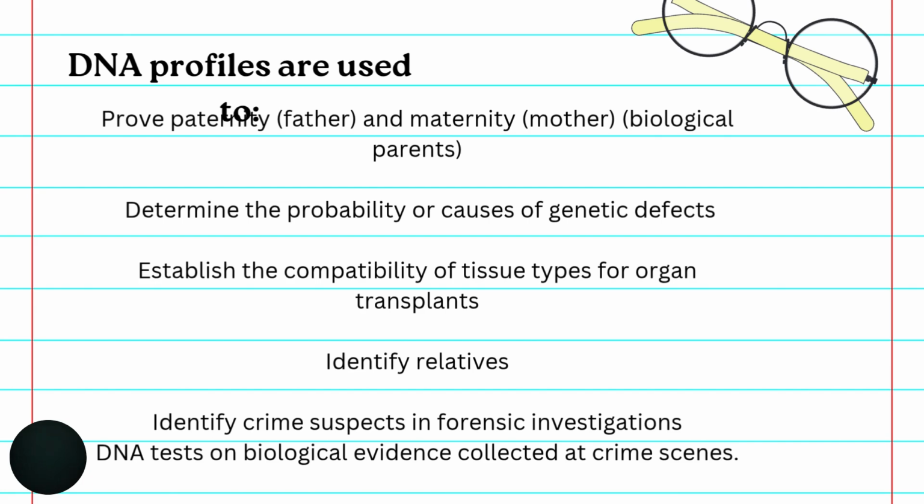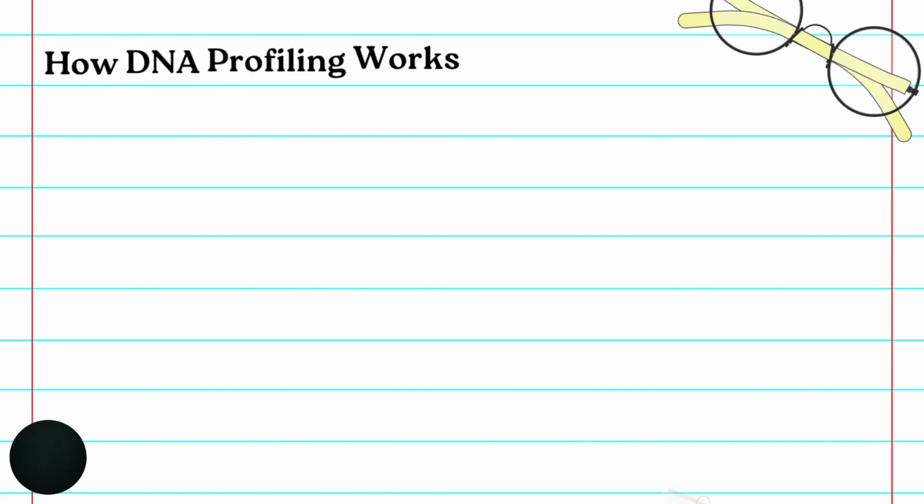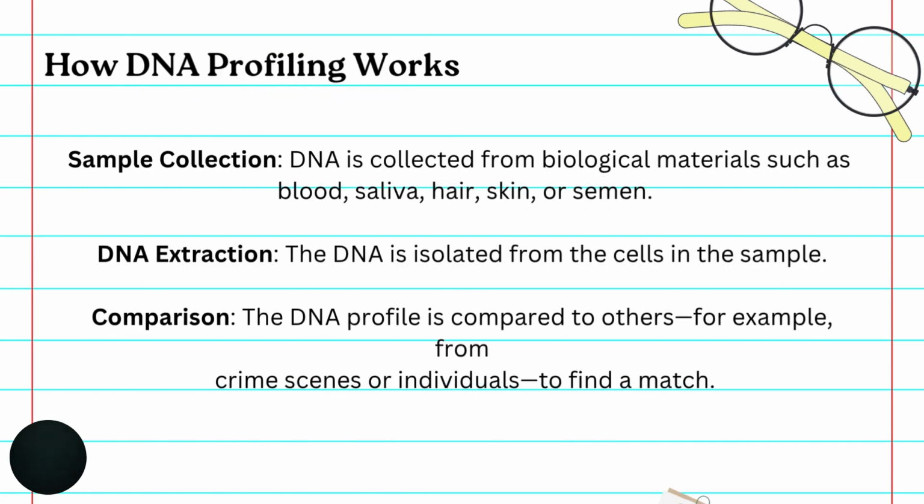So how does it go? To do a DNA profile, they will take a sample from the people that a profile is going to be made for. They'll use either blood, saliva, hair, skin, or semen. They will make sure they're packaging it correctly in safe plastic bags or containers that ensure that no contamination will occur.